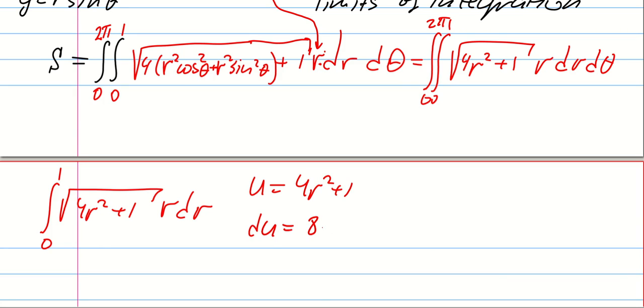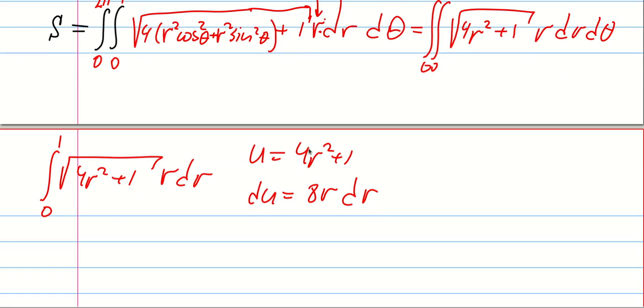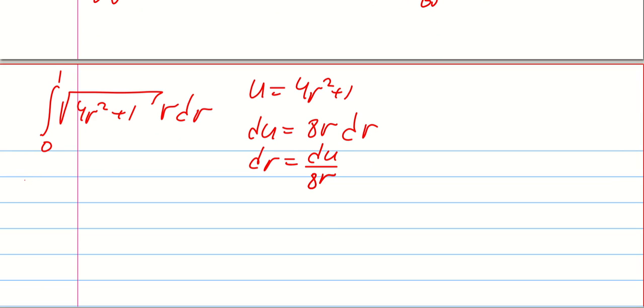The differential of u will be 8r dr, because the derivative gives us 8r. So dr will be du over 8r. So we have an integral of u to the 1/2, then r, then dr is du over 8r. So r and r go away.